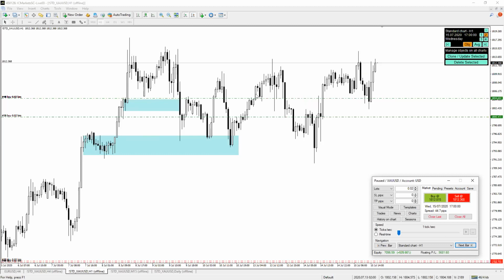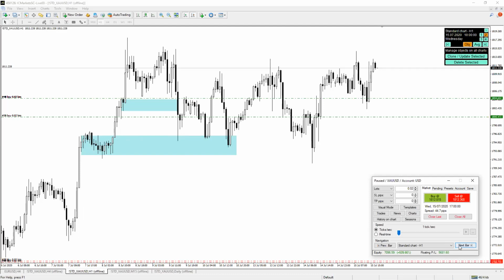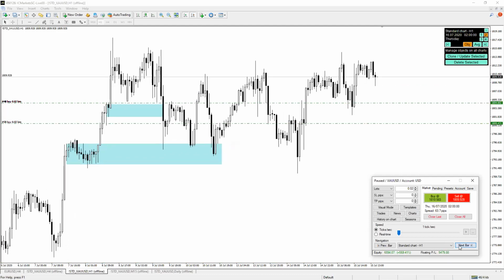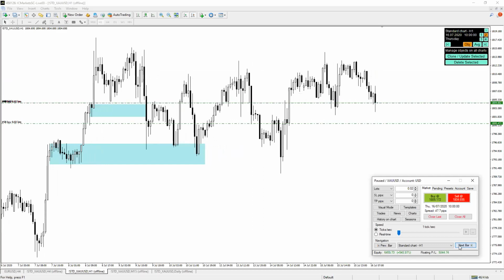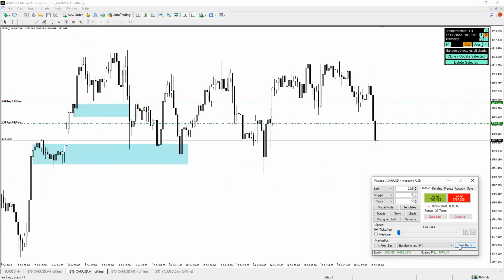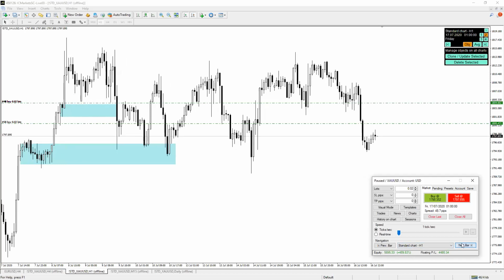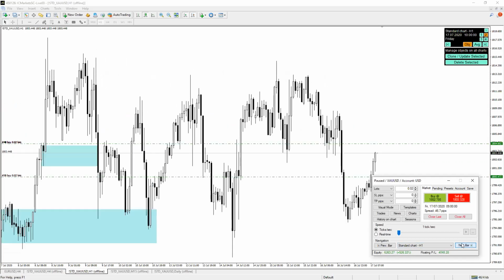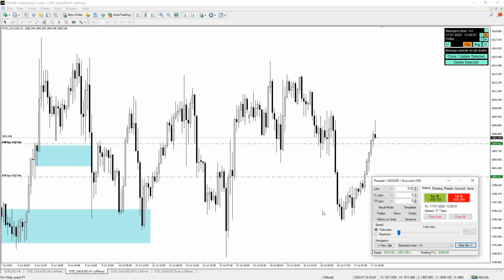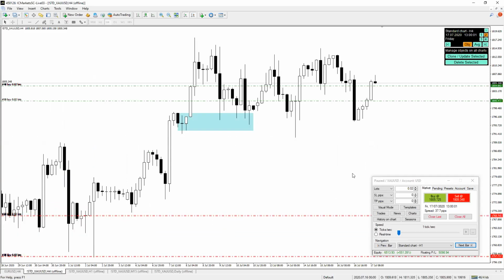Again, too much drawdown that I don't like, because we did not get our positions at the proper places, but yeah, too much drawdown. If price comes back to entry, I just close it. Just close out on these positions, because I don't like the way price is playing around my entry.